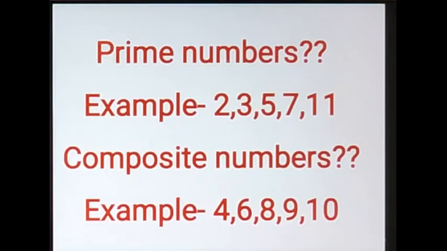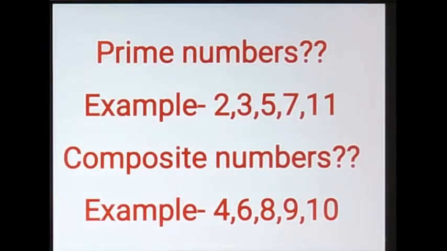Prime numbers, from the lower class we know what a prime number is. If you don't have an idea, I am clearing the term. Prime numbers are those numbers which are divisible by 1 or divisible by itself. For example, just see 2, 3, 5, 7 and 11. 2 can be divided by 1 or by itself, that is 2.